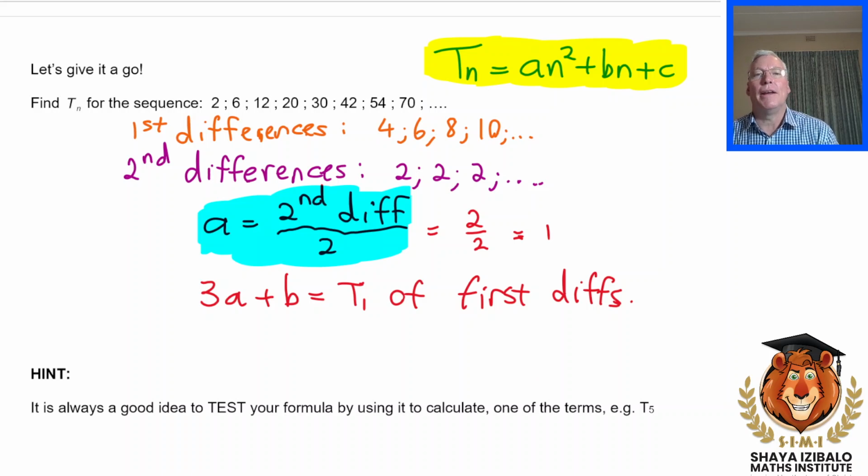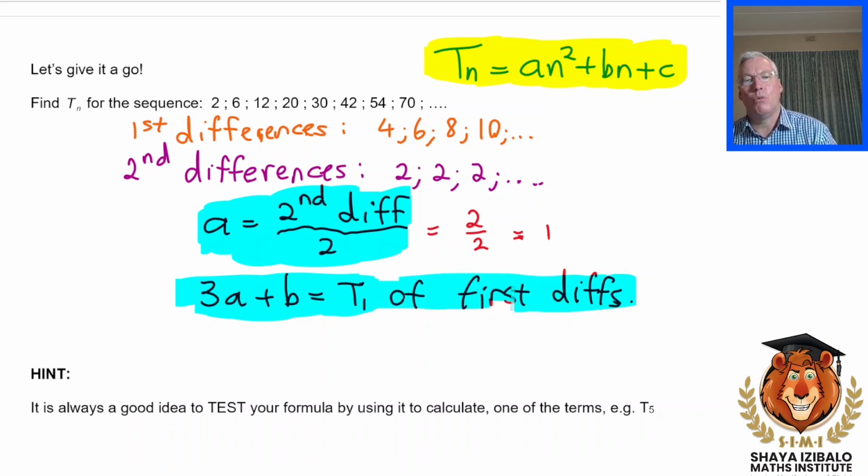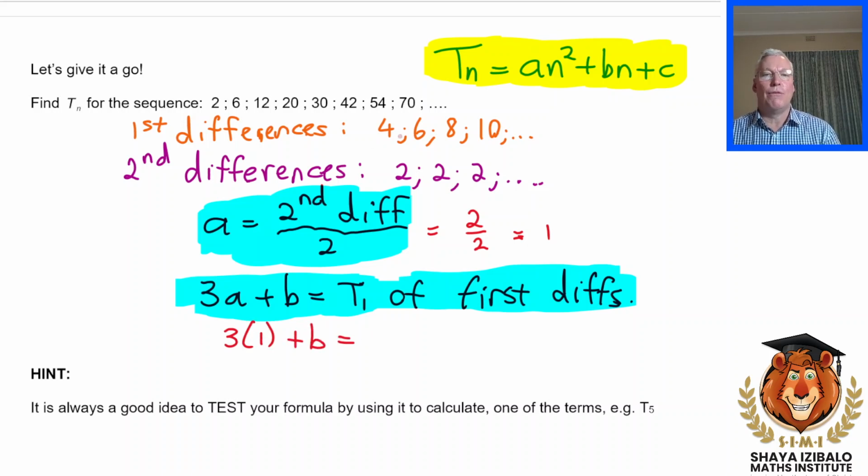Okay, now, I'm going to highlight this in blue because this is not provided. Okay, but now we know what a is. So in this formula, it's going to be 3, but I know what a is. A is 1. So plus b, that must equal the first term of the first differences. That must equal 4. I'm going to put that 4 in a circle because that 4 is that 4 over there.